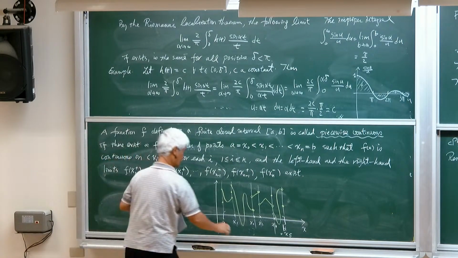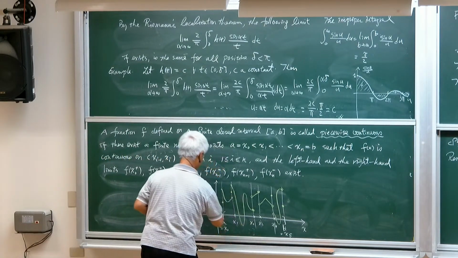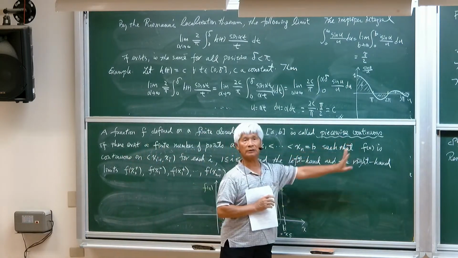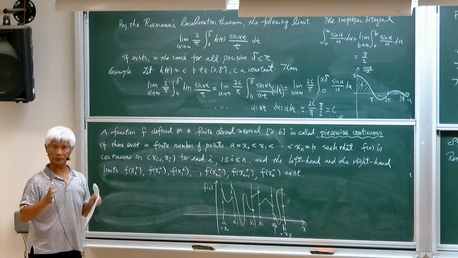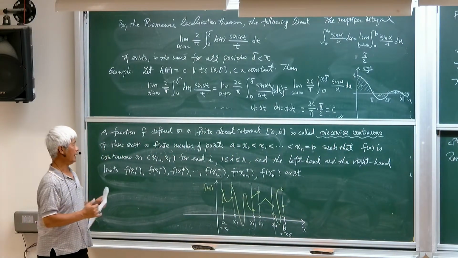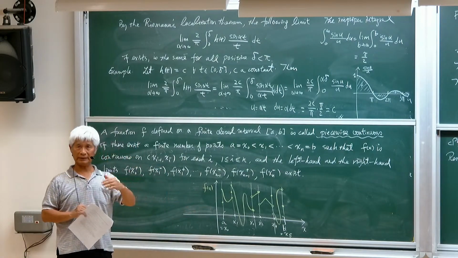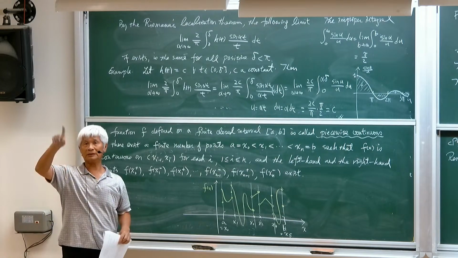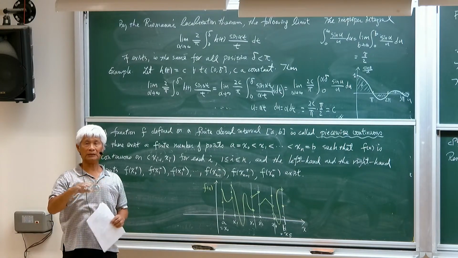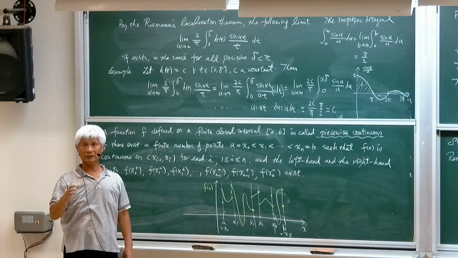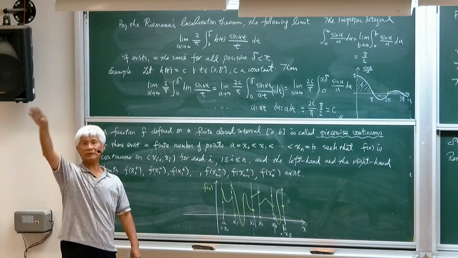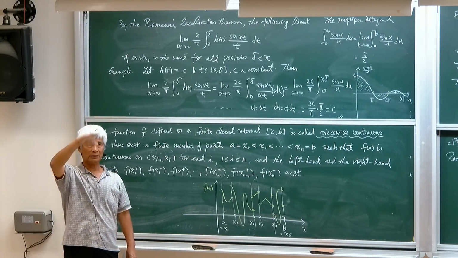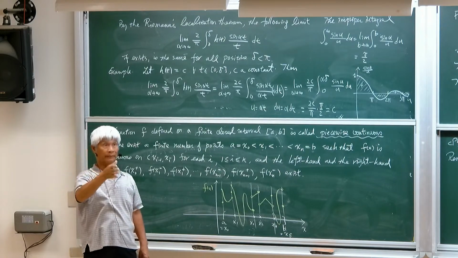So this function is called a piecewise continuous function. And many functions in electrical engineering are piecewise continuous, for example the clock signal, and many control signals in circuit theory, like a step signal, 0 and 10, which has a discontinuity at time 0.